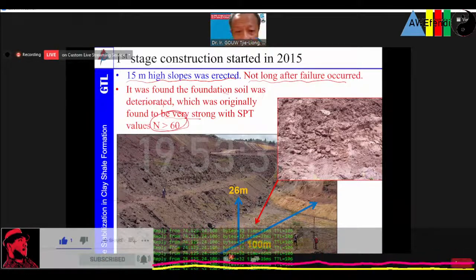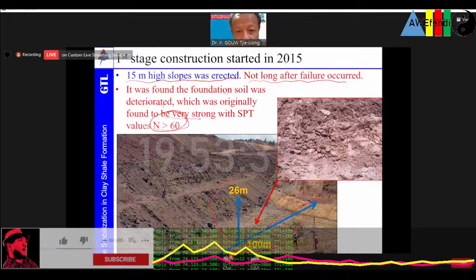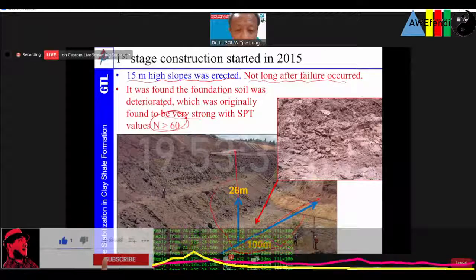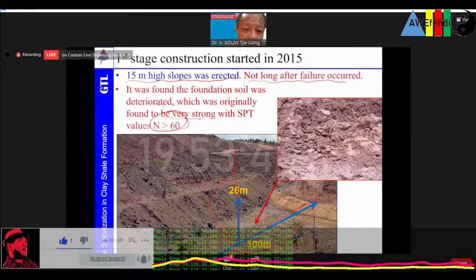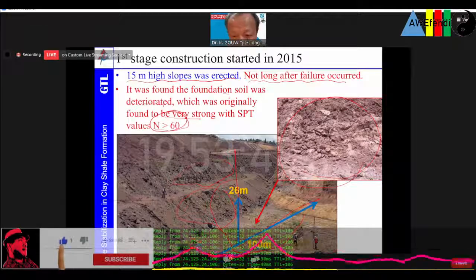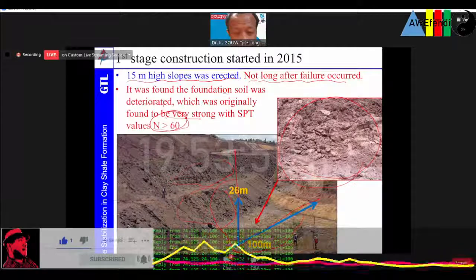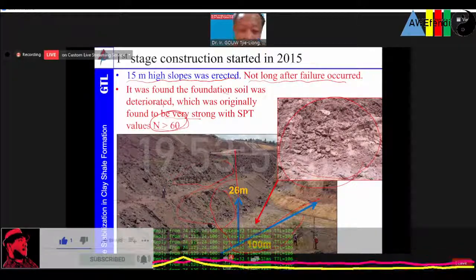You see over here, this is along a 100-meter stretch to be built, 26-meter height of slopes. But we can see the soil over here is just degraded, then it's collapsing. Upon raining, upon exposure to outside weather, it just crumbles off and collapses.